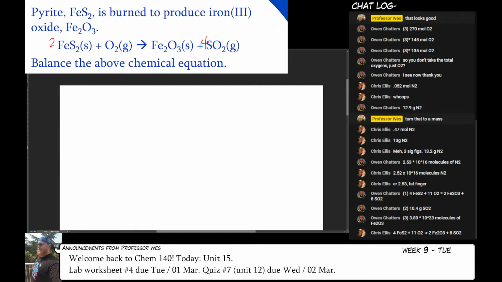And I would need 11 over 2 to make this work, I believe. 4 sulfur, so 4, 8, 11. Yeah, that would work.